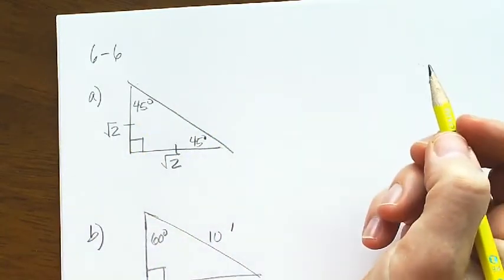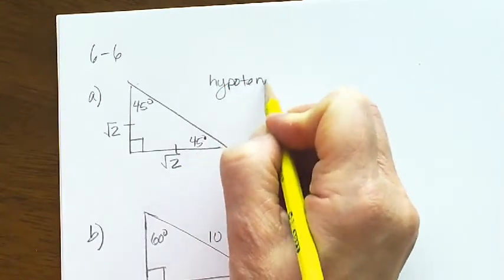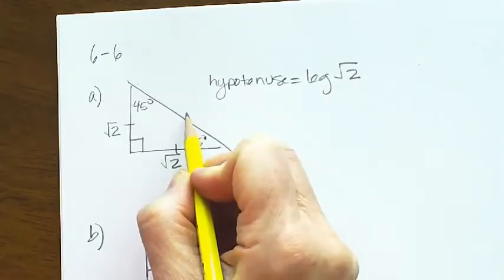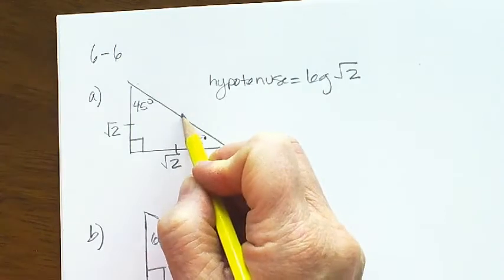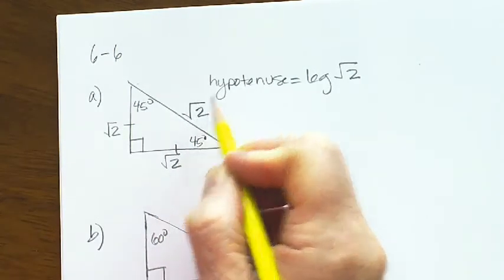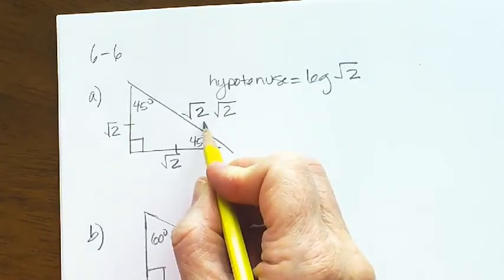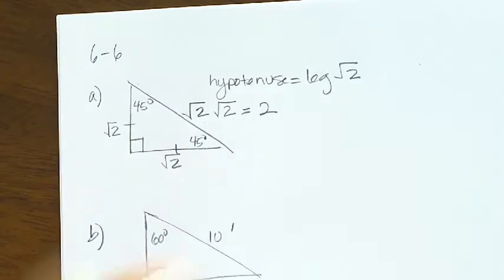And in a 45, 45, 90 triangle, the hypotenuse is equal to the leg times the square root of 2. So this hypotenuse is going to be the leg, which happens to be square root of 2, times square root of 2. And the square root of 2 times the square root of 2 is 2.